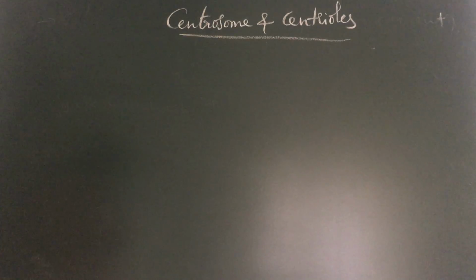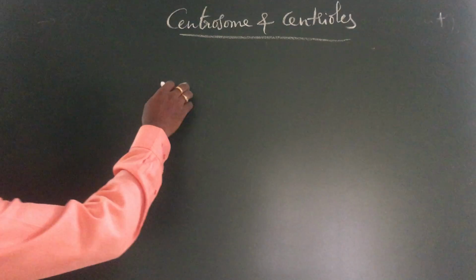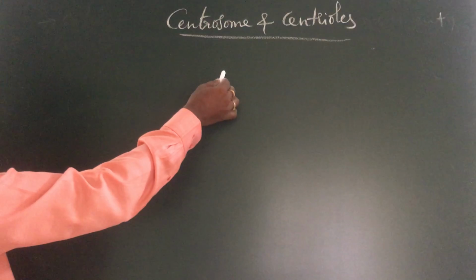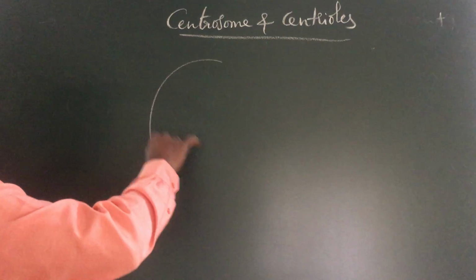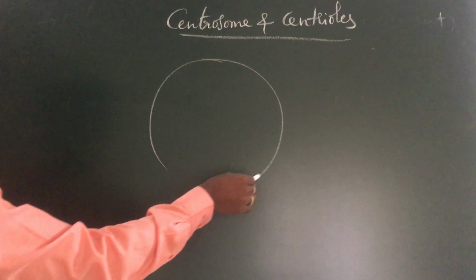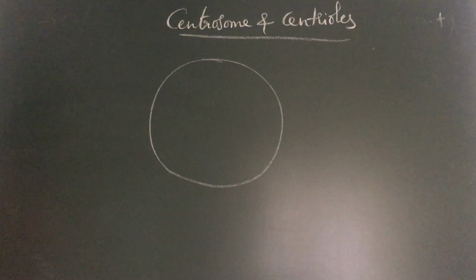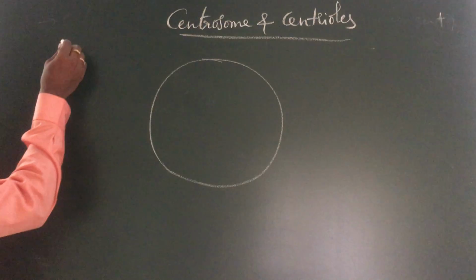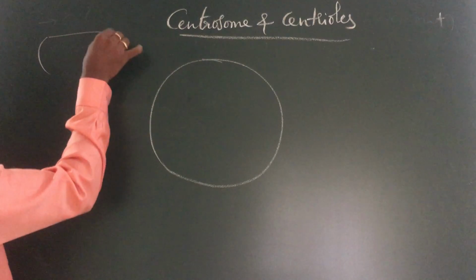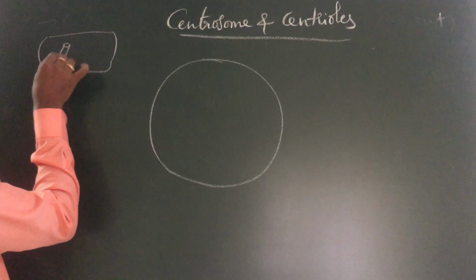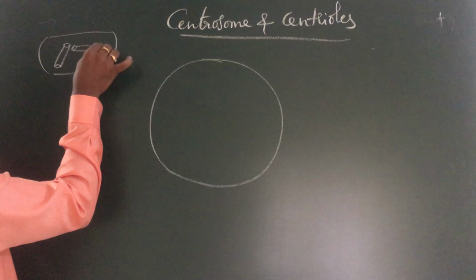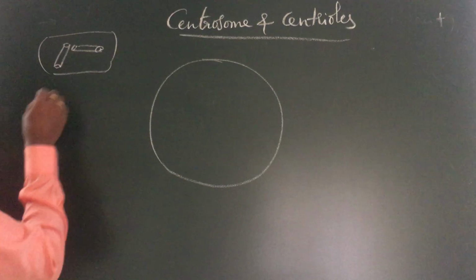Generally, suppose this is a centrosome organelle. You see the arrangement of two cylindrical structures perpendicular to each other like this. So these are the centrioles.